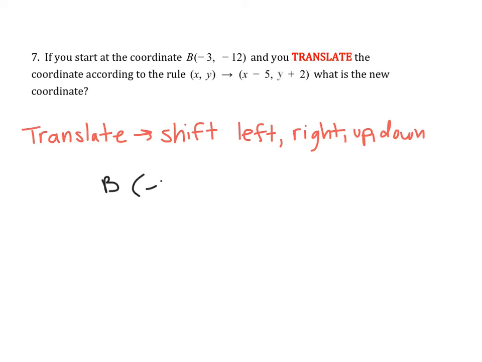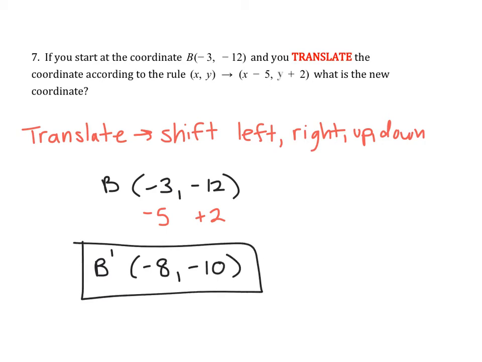So we're just going to simply take our original value, which is -3, -12, and we're going to follow the rules. The rule says to subtract 5 from the x values and to add 2 to the y values. So now this is going to become B prime, which will be -8, -10.